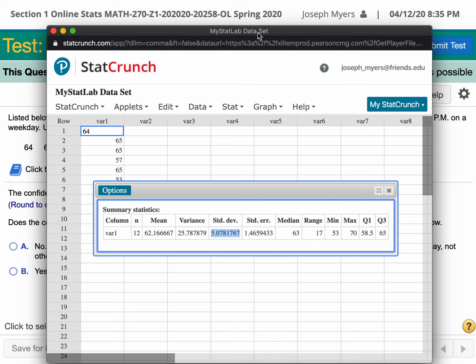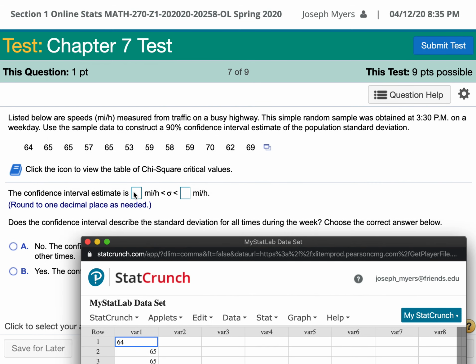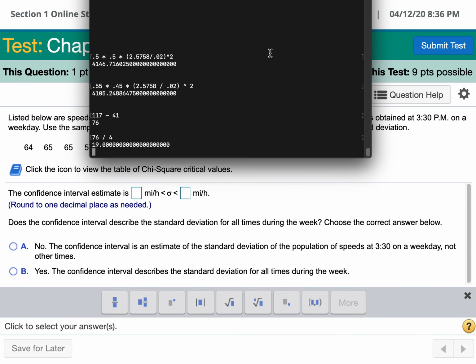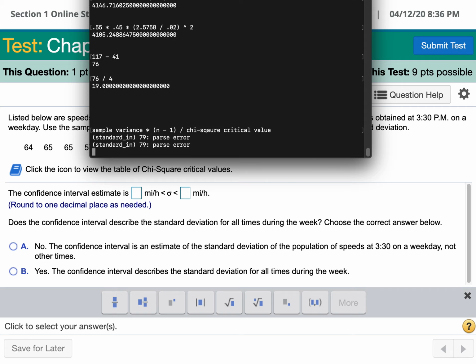Now I'm going to show you a formula real quick for estimating something called variance. Let me type it over here. If you take the sample variance times the degrees of freedom, which equals n minus 1, and you divide that by the chi-square critical value, then you'll get an estimate of the population variance.